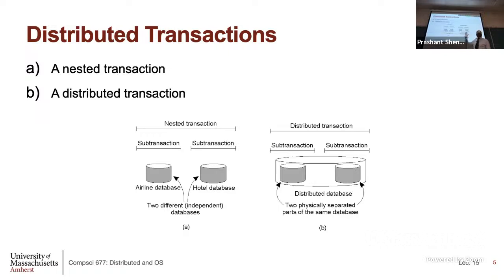The other part handles bookings in Asia or something along these lines. Now, again, to make this transaction on the airline database, you might have to do a sub-transaction on the first logical database and the second. So this looks like one big database, but internally there are actually two machines that hold some of the data. So again, two sub-transactions, on each part of the database, there is a distributed transaction.